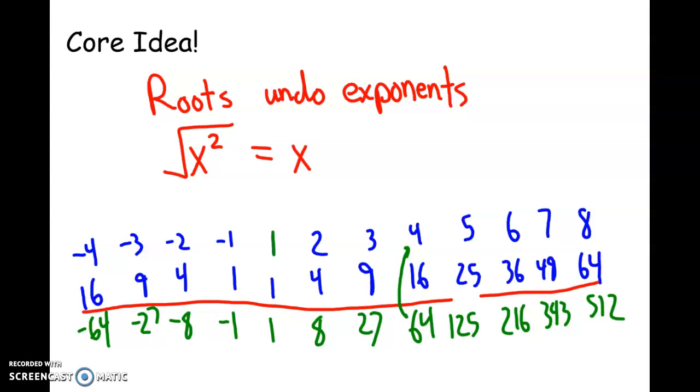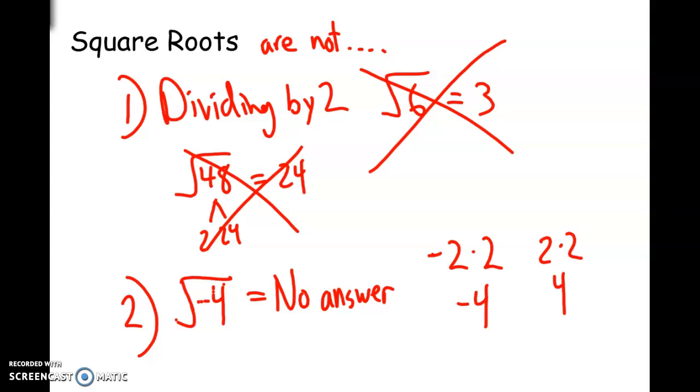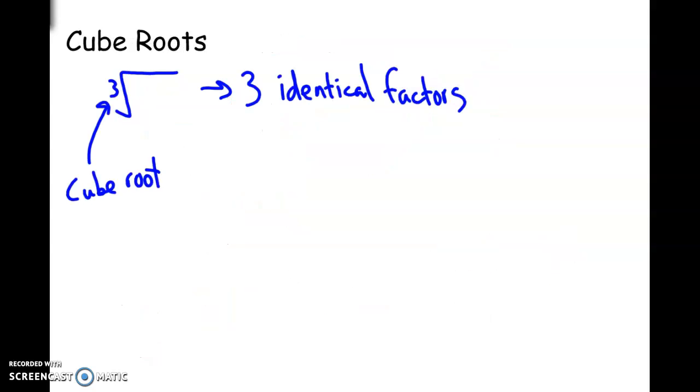Roots undo exponents. So the cube root of x cubed is equal to x, whatever that number is. Let's talk about some cube roots. So we're looking for 3 identical factors. If we have the cube root of 125, that equals 5.